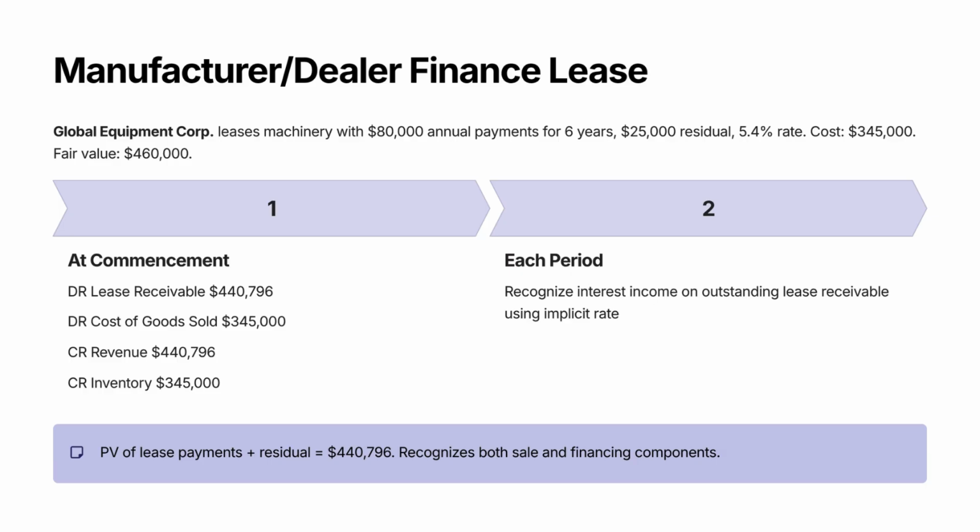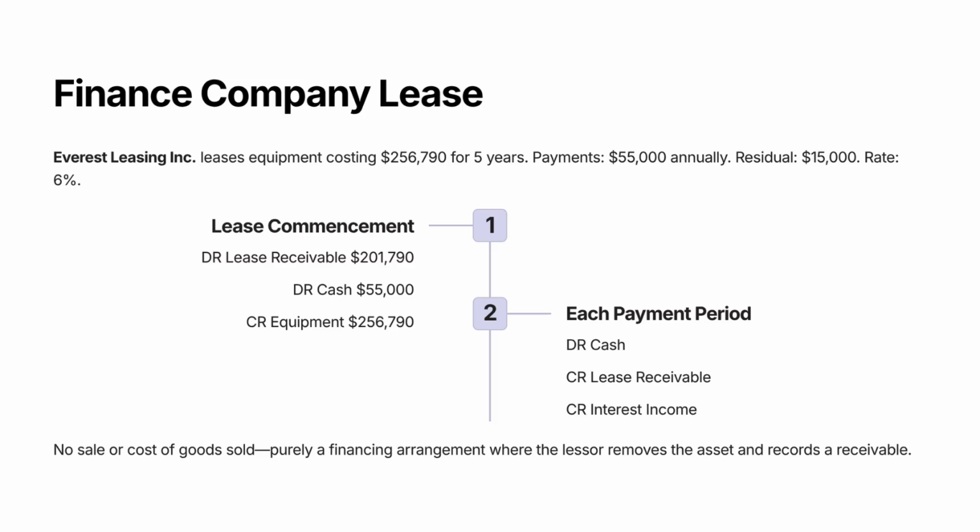The PV of lease payments plus residual is $440,796. So, Global recognizes debit lease receivable $440,796, debit cost of goods sold $345,000, credit revenue $440,796, credit inventory $345,000. Each year, it recognizes interest income on the outstanding lease receivable.